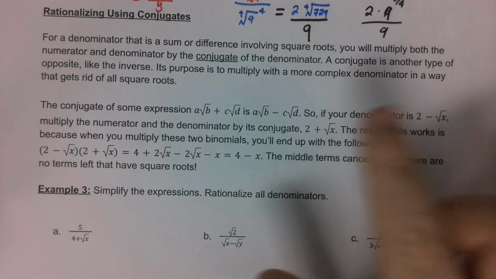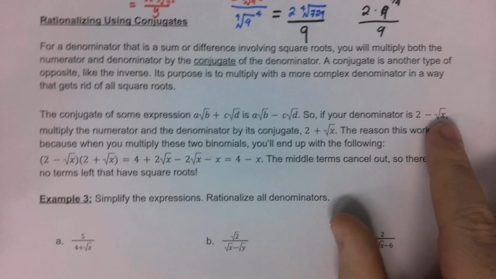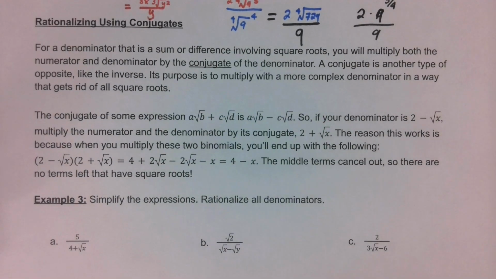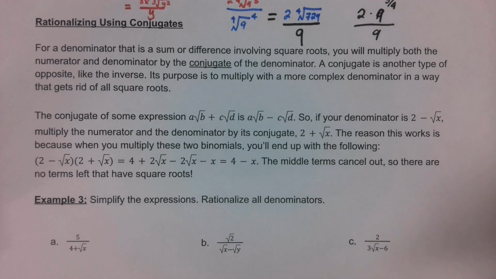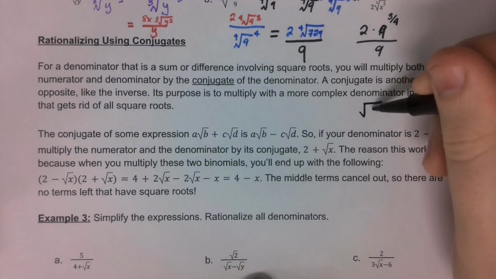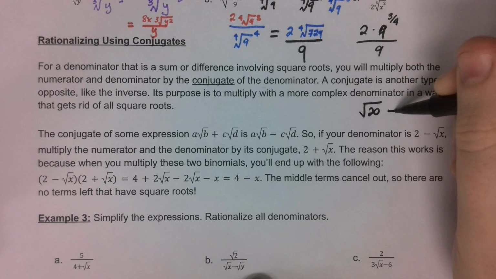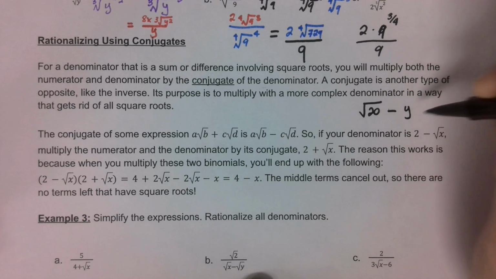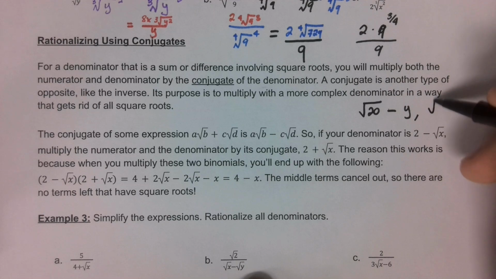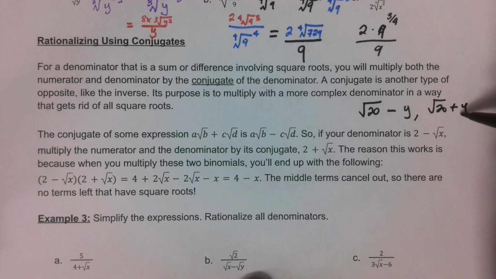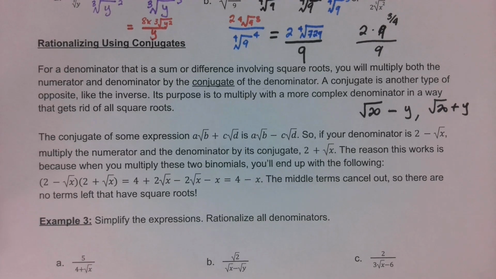So if you have, for instance, 2 minus the square root of x, your conjugate is 2 plus the square root of x. If you have the square root of 20 minus y, your conjugate is the square root of 20 plus y. They're paired together. They're inseparable.